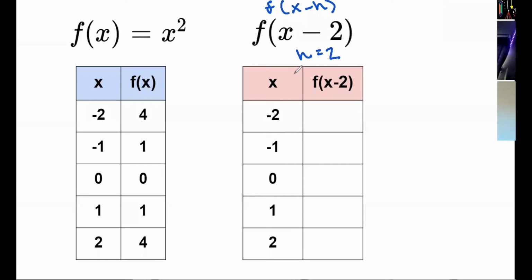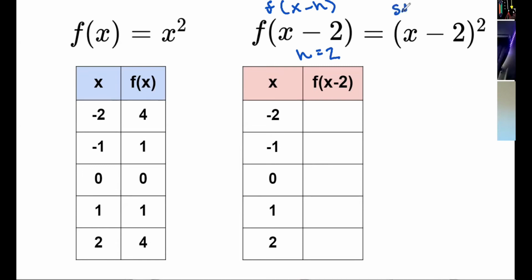Okay, so now how do we compute all this? So if we were to use our regular function here, we have our function equal to x squared. We're not going to have x squared anymore. We're going to have x. Now what happened to our x? We subtracted 2 from it. So wherever there is an x present in your function, you're going to substitute it.